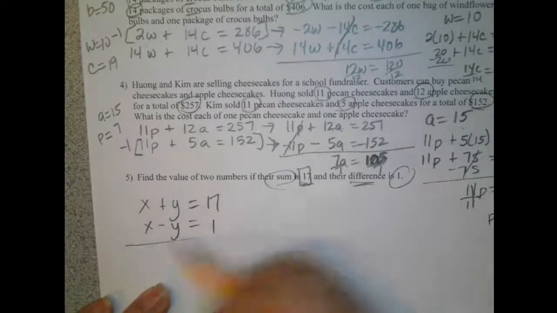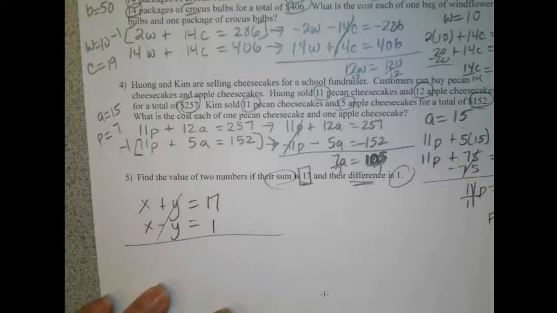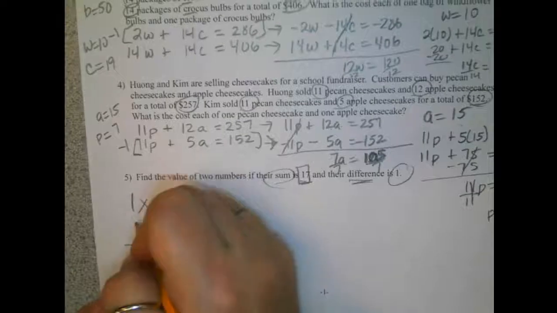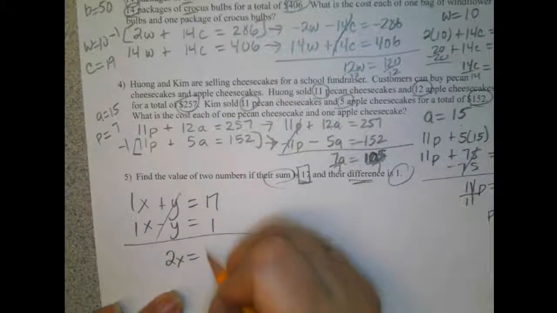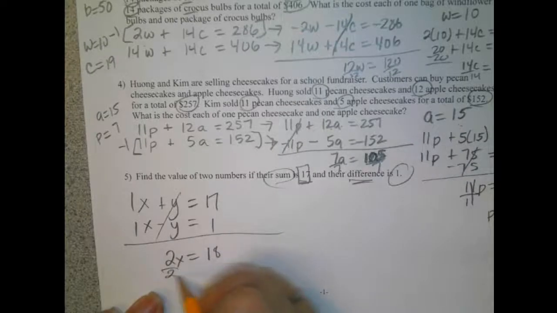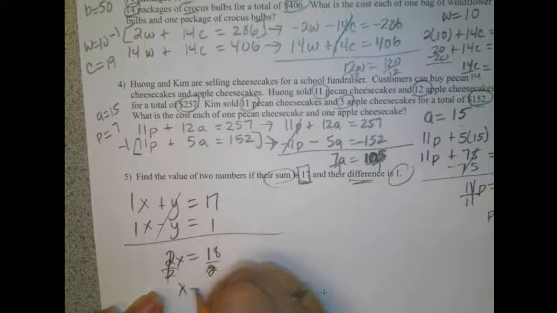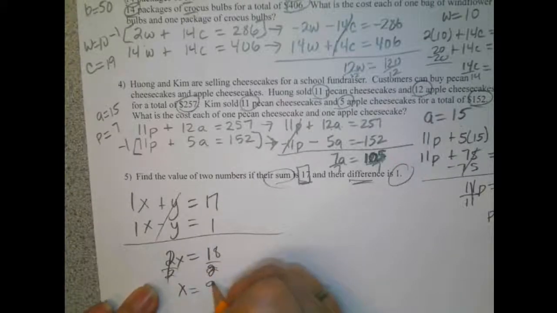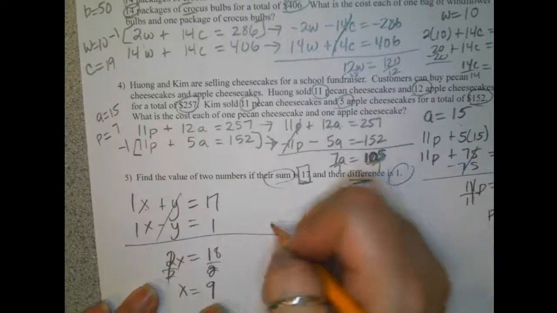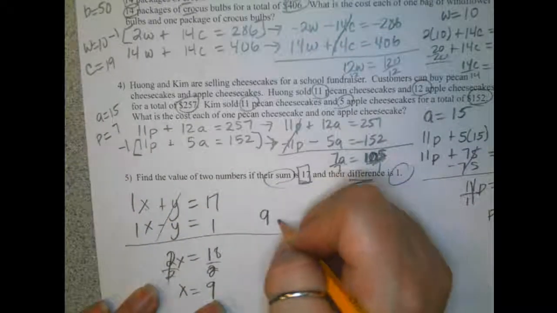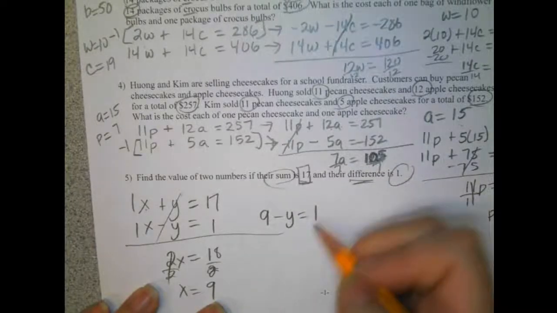So I have same digit, opposite sign, right? I'm eliminating my y's. So now I have 1x plus 1x gives me 2x. I have 17 plus 1 is 18. Dividing by 2, what does x equal? 9. So now that I know what x is, I'm going to say 9 minus y equals 1, right?